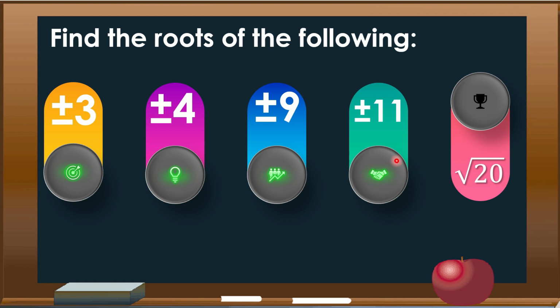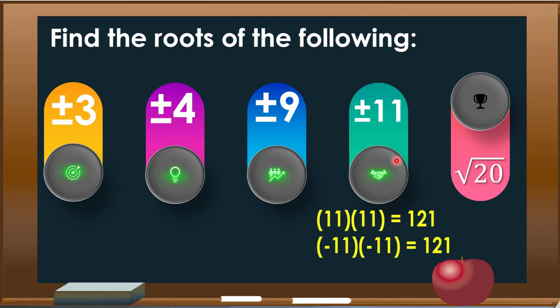Yes, it is positive and negative 11. Same case, positive 11 times positive 11 is equal to positive 121, and negative 11 times negative 11 is equal to positive 121. Therefore, the roots will be positive and negative 11.